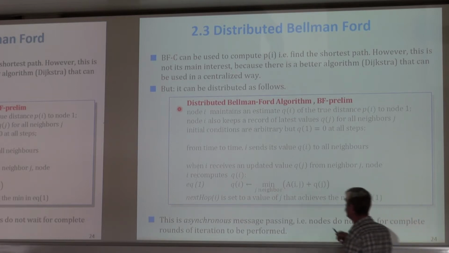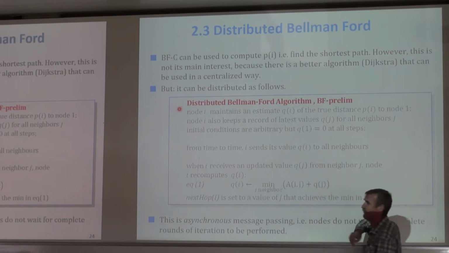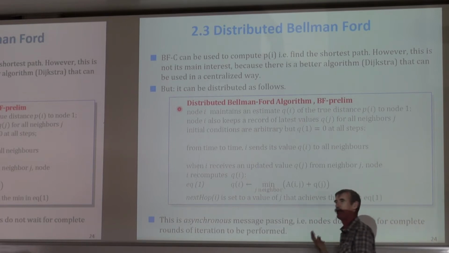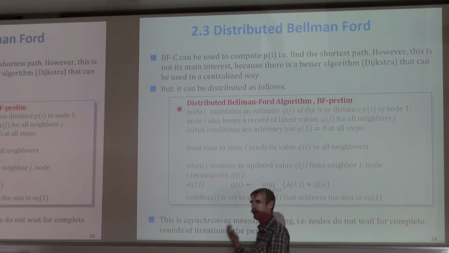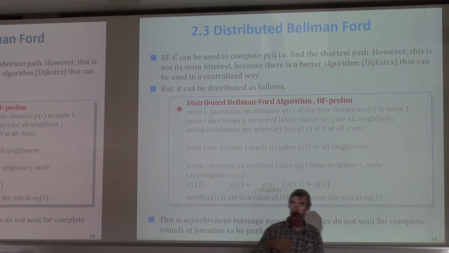And from time to time, a node sends its estimate of the distance to node 1 to all neighbors. Hopefully you do it not just from time to time, but frequently enough so that you don't have to wait forever for an update. And of course, if all your neighbors do that, you receive updates from your neighbors.